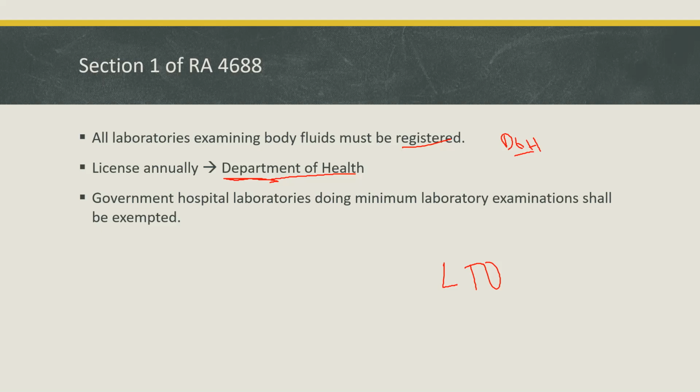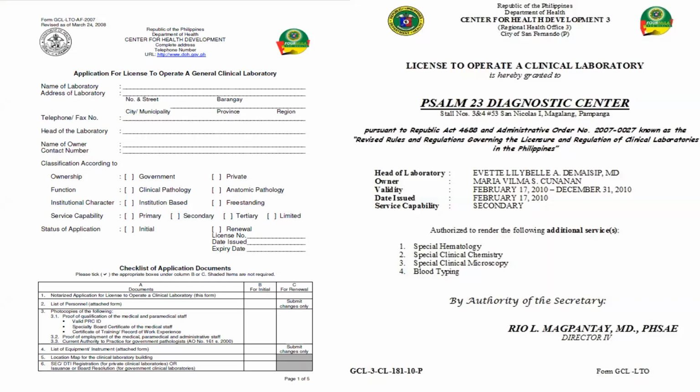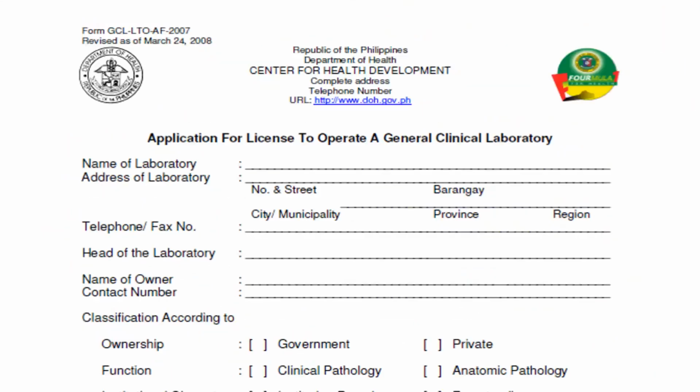The next slide that I'm going to present shows the application form for a license to operate a clinical laboratory. If I may zoom, the name of the laboratory is required.